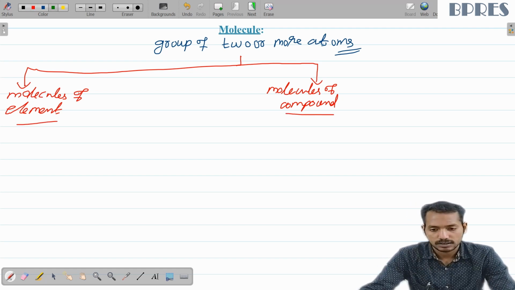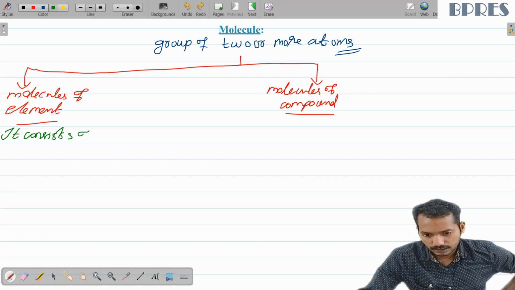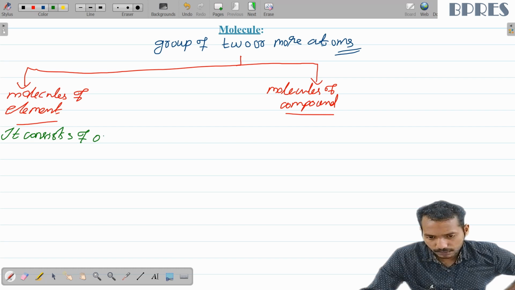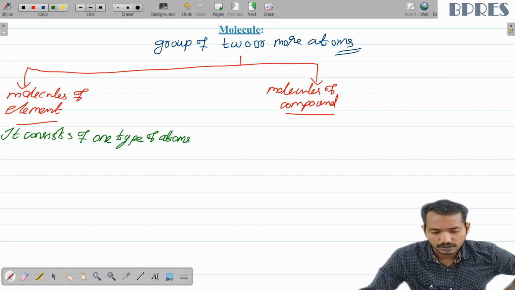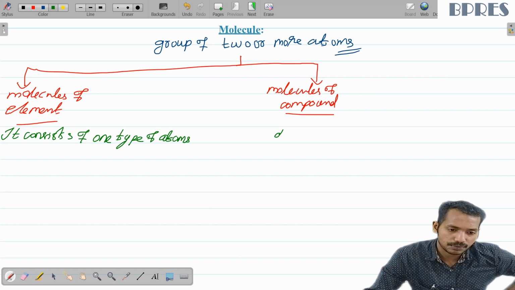A molecule of an element consists of one type of atoms. Here, a molecule of a compound consists of different types of atoms.